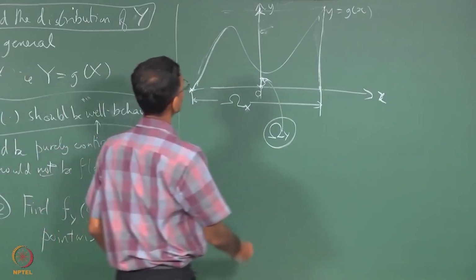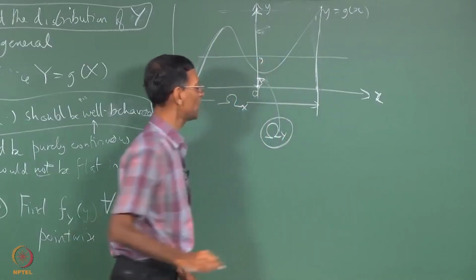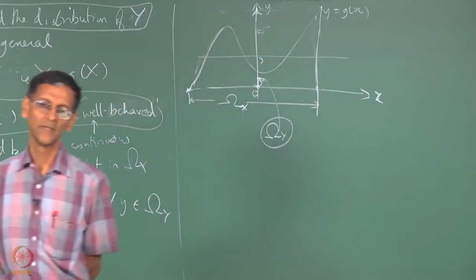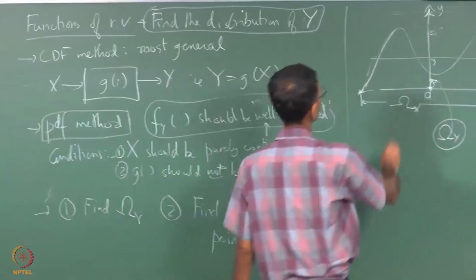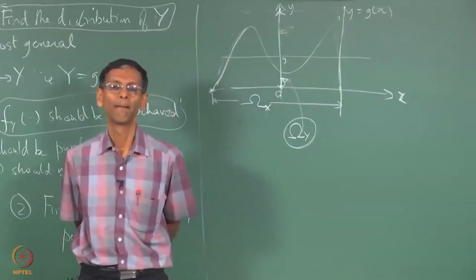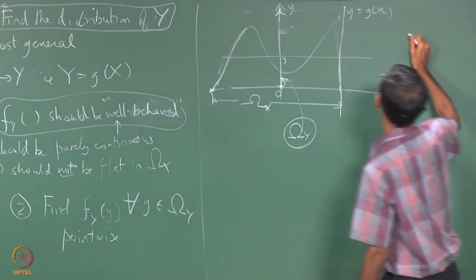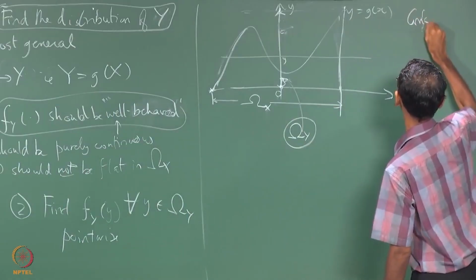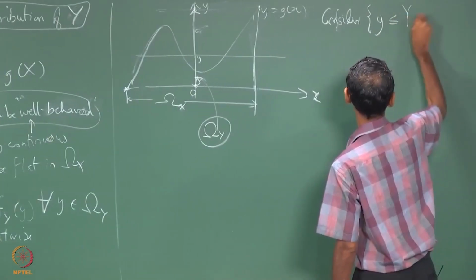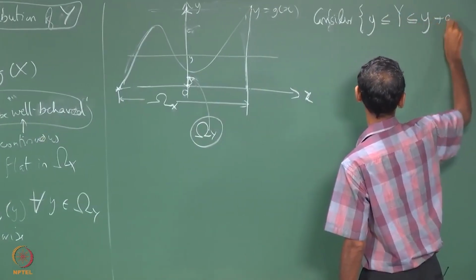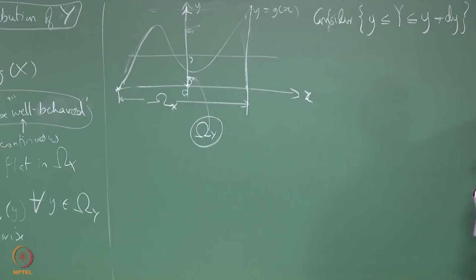Okay. So now if I pick some small y in that interval omega y, which corresponds to drawing a straight line like that. So I am interested in the event that, let me start here, consider this event: small y less than capital Y less than y plus dy for some small dy greater than 0.